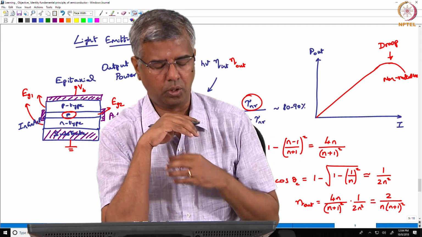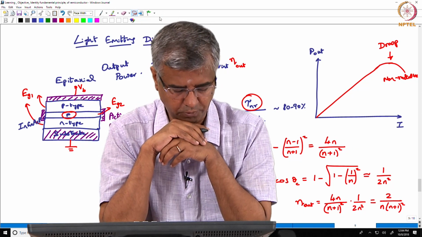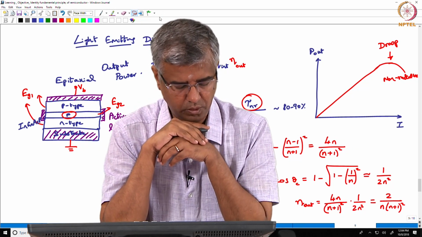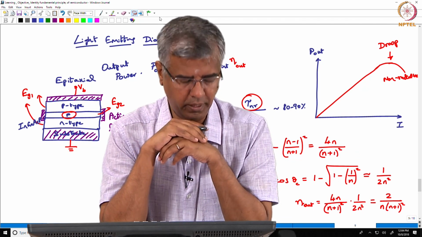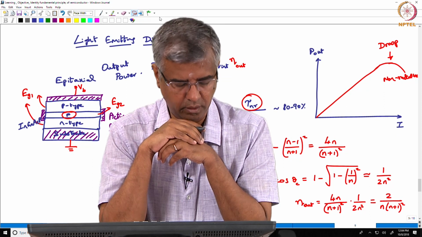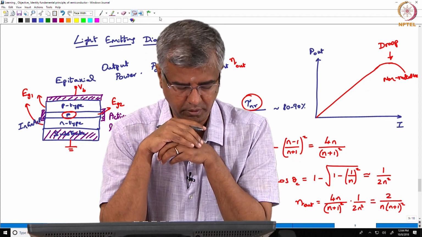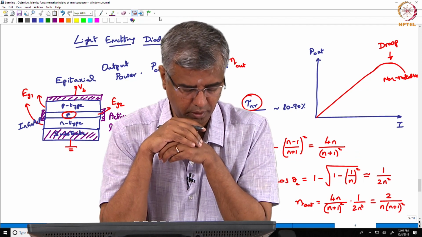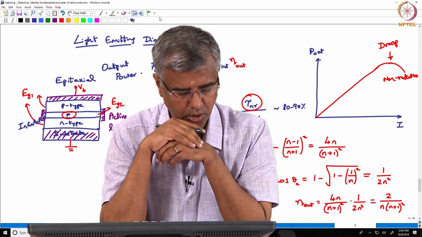So, we talked about a structure as shown on the left side of your screen, wherein the p type and n type are actually made of material with higher band gap energy compared to the p type at the center, or in the middle.